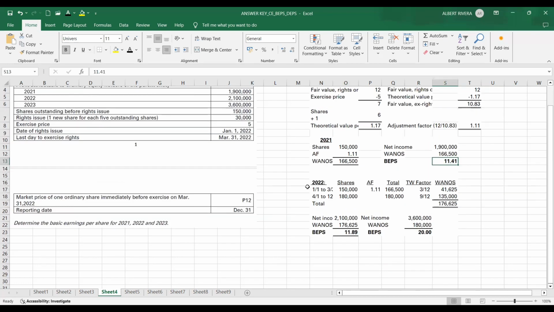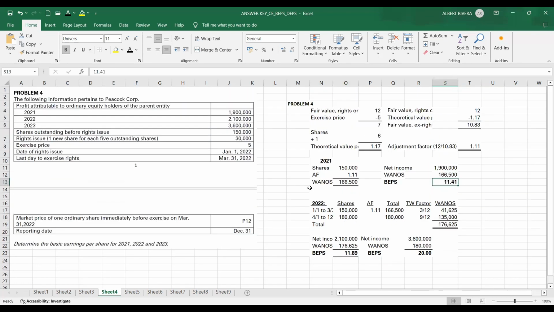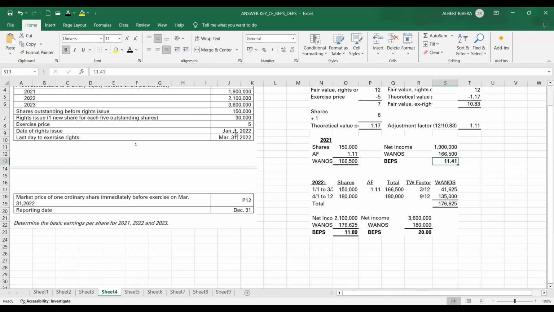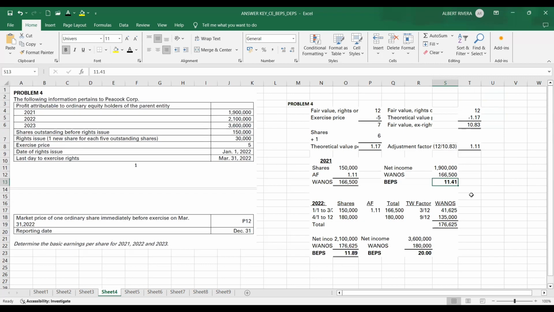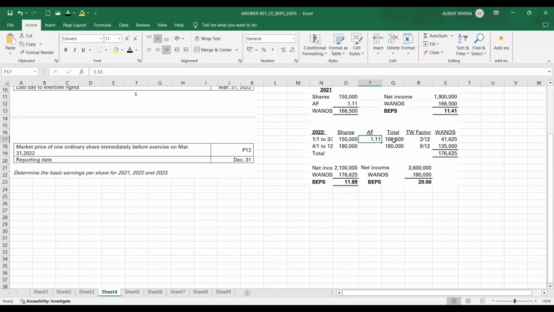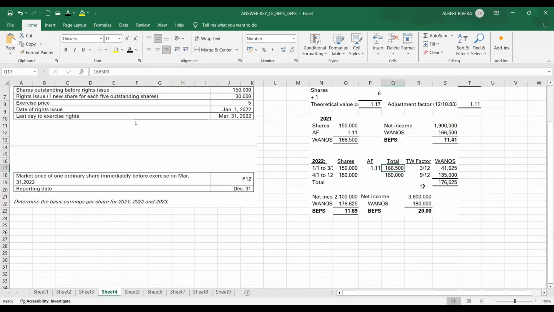While for 2022, since na-exercise na yung rights. Okay? So we will get the weighted average number of shares outstanding, but be sure to consider the adjustment factor on the beginning shares, which is 150 prior to the exercise of the stock right. So this is 1.1, 166,500. Okay?